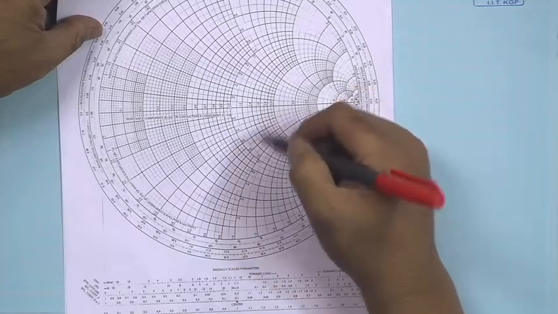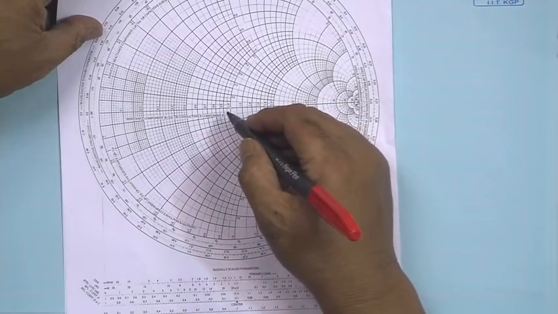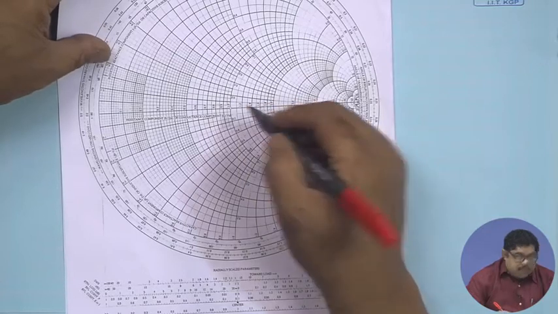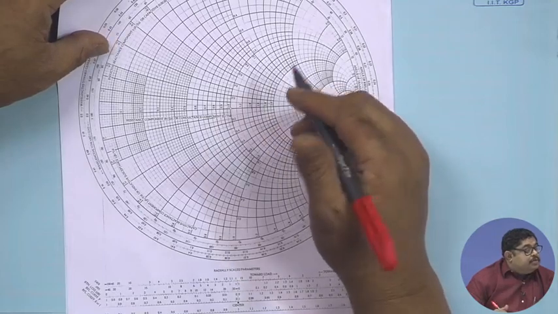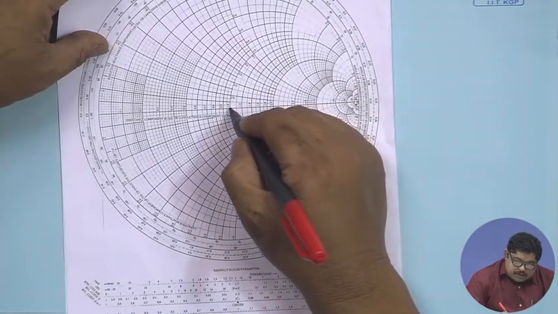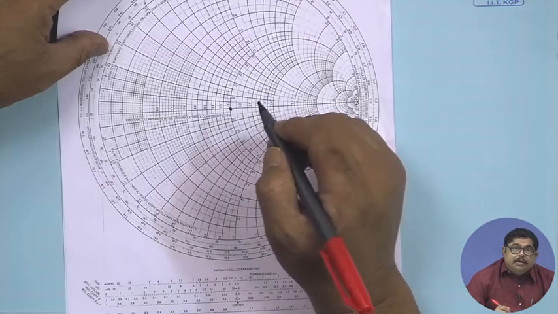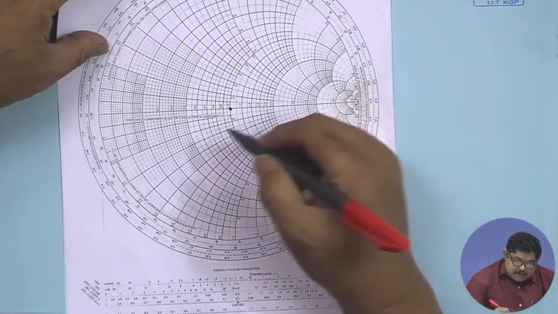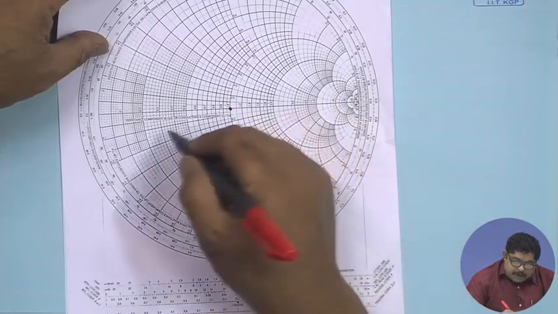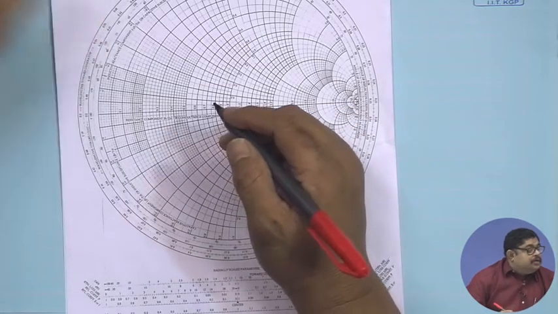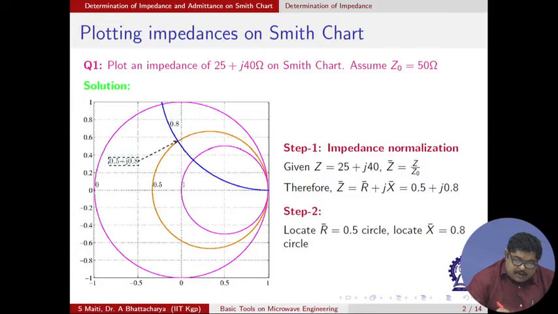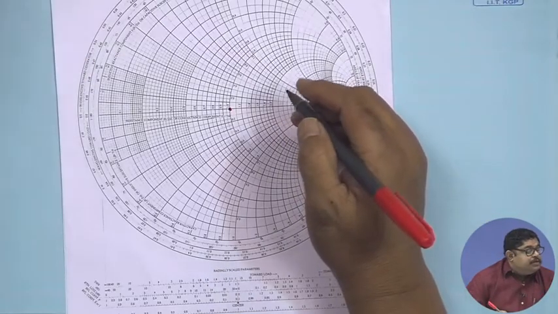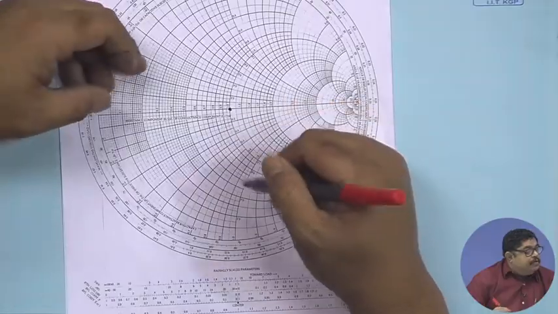Along the real axis, the values of the constant resistance circles are given. You first locate the central portion of the Smith chart, and since R bar is 0.5, it will be to the left of this. As shown in the slide, 0.5 is the circle passing through the rightmost point, 1 0, and 0.5.